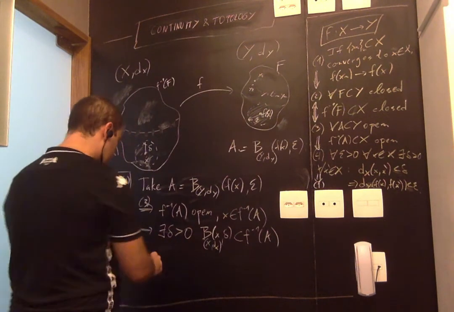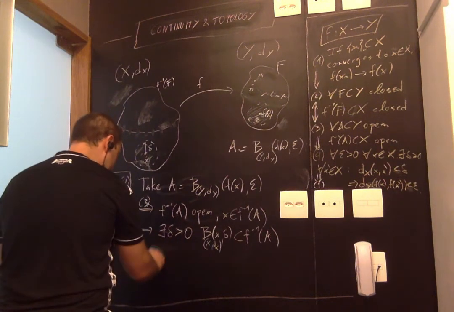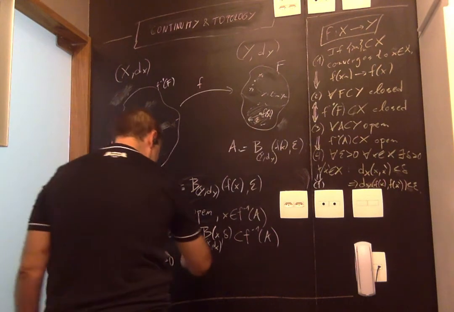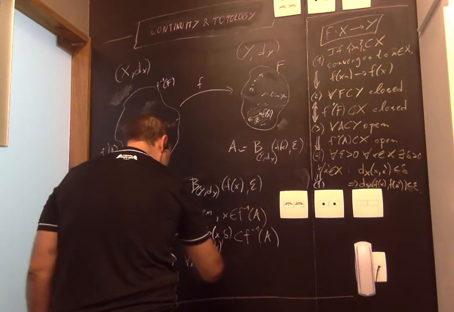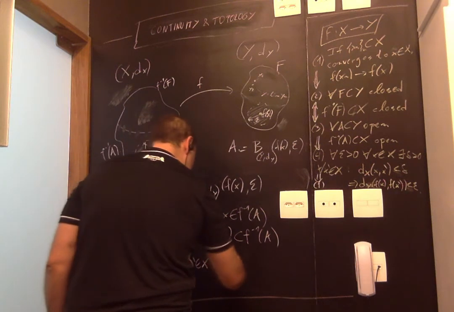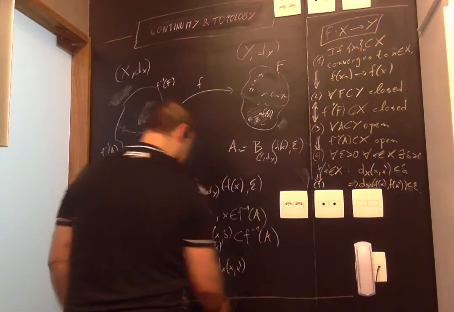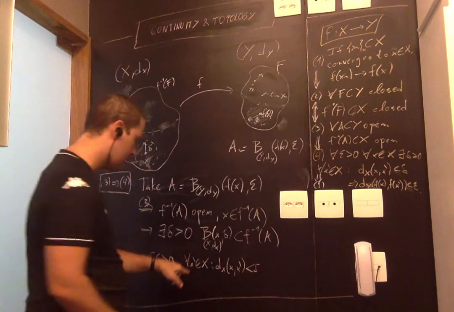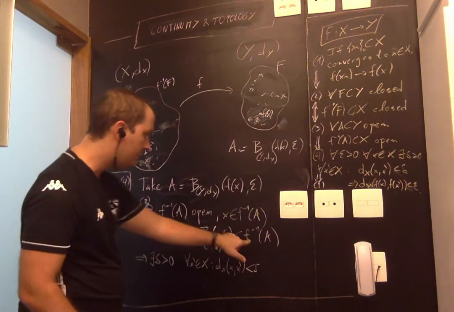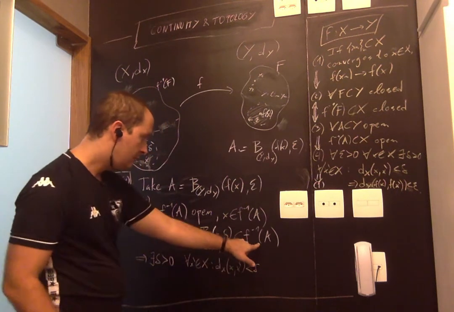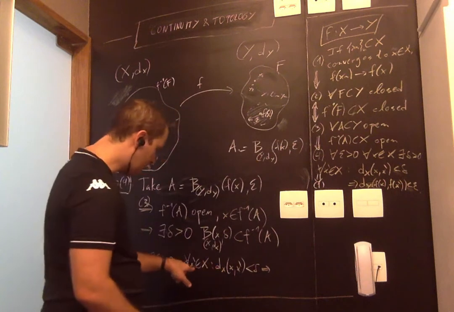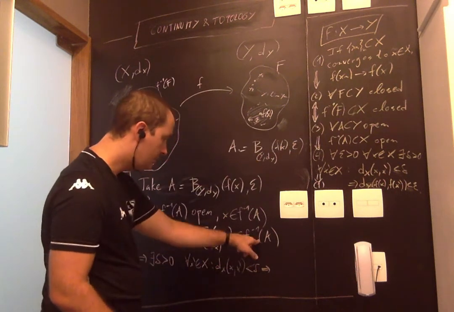What does this mean? It means that, okay, there exists a delta. What is this open ball? I mean, it's precisely the set of all points in X whose distance is less than delta to X, right? So I'm saying that any point that belongs to this ball belongs to the pre-image of A. So what does it mean to say, okay, any point that satisfies this belongs to the pre-image?